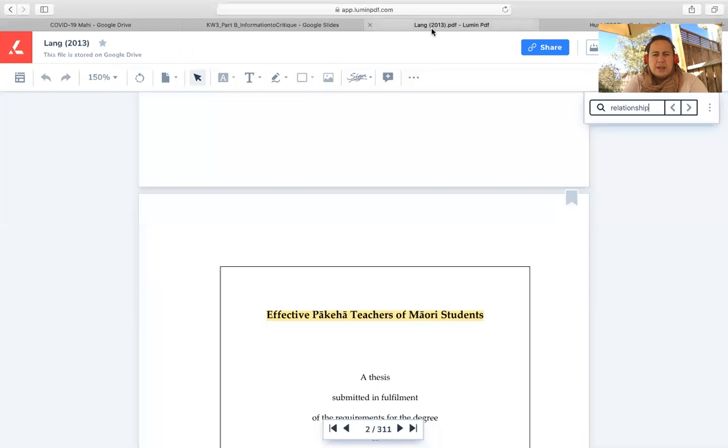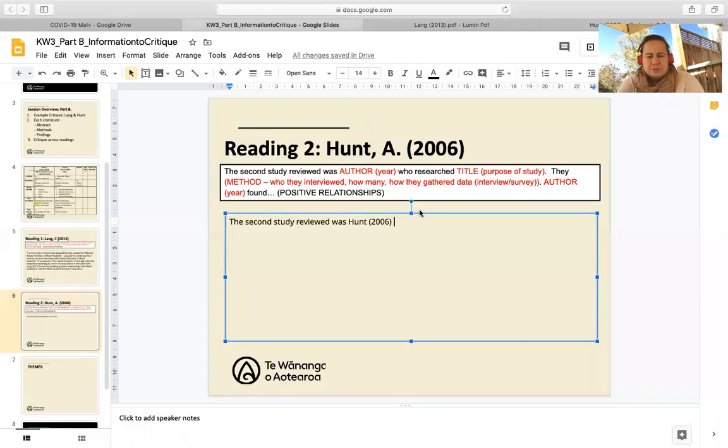That's not letting me. Anyway, as you can tell, put the title in here. Who researched? You don't even need to use these words. You can come up with your own. This just makes it easier, so you know you're hitting all the points. So here, bold, italic.